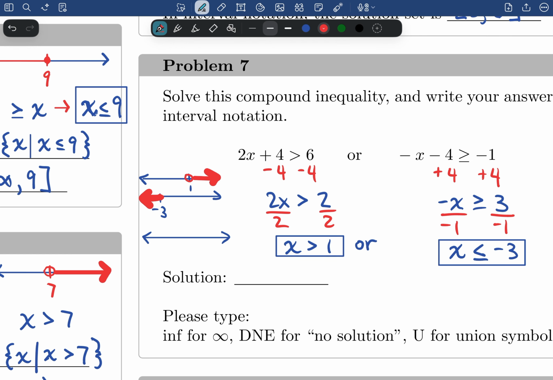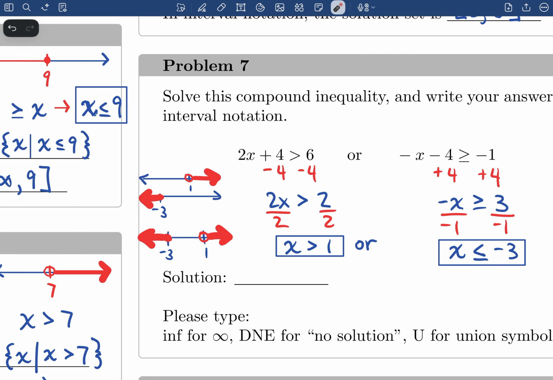And so I get that -3 value right here and the +1 value here. And I have a closed dot at -3 and an open dot at 1. And then I shade all the area to the left of -3 and all the area to the right of +1. And so I have two regions that are solutions.